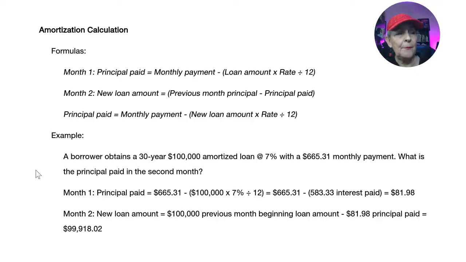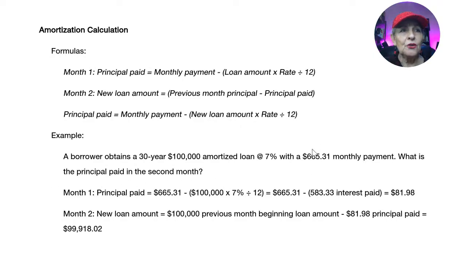So example, a borrower obtains a 30-year mortgage, $100,000 amortized loan at 7% with a $665.31 monthly payment. What is the principal paid in the second month?